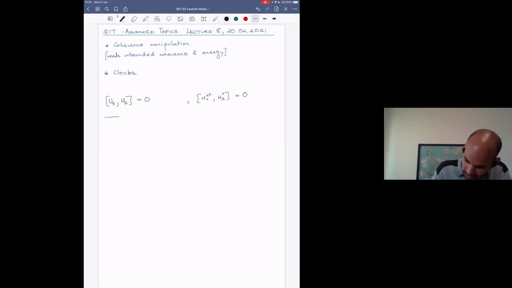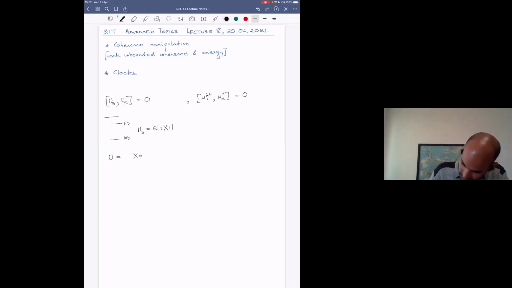I have a qubit, with states 0 and 1, and the Hamiltonian of the qubit is the usual one, so there's an energy gap of E between the excited state and the ground state. I want to perform the following unitary, which is called the Hadamard gate.